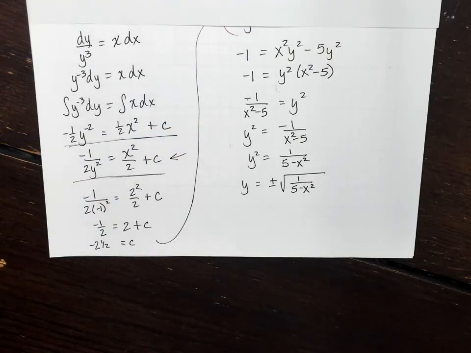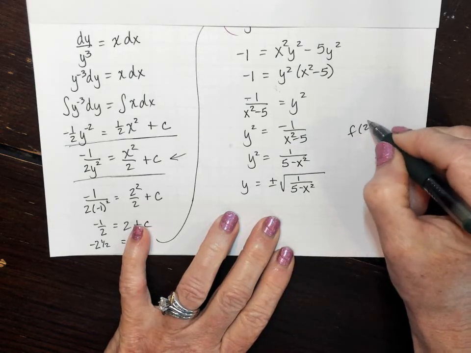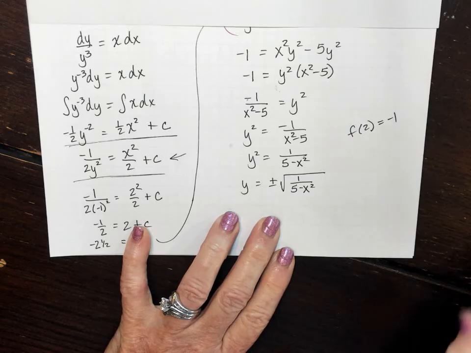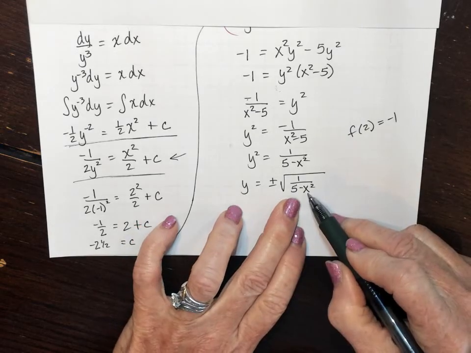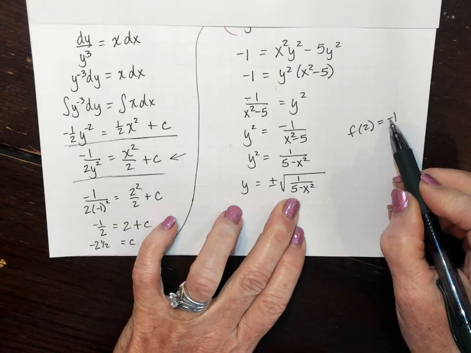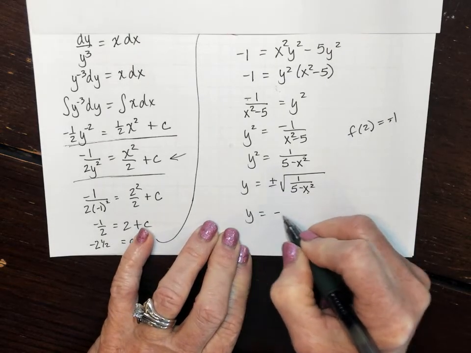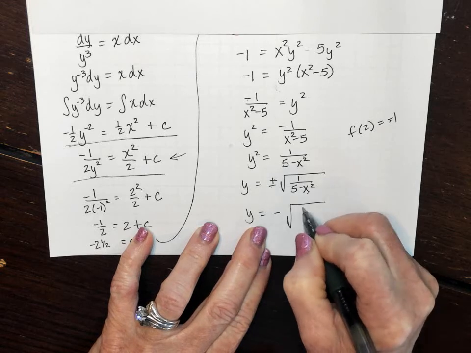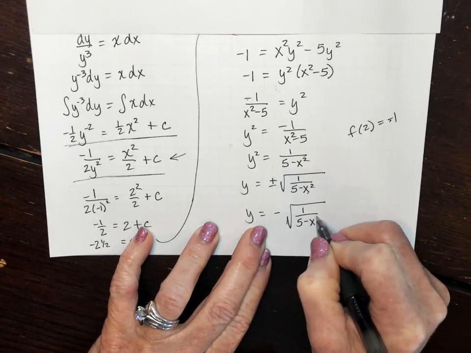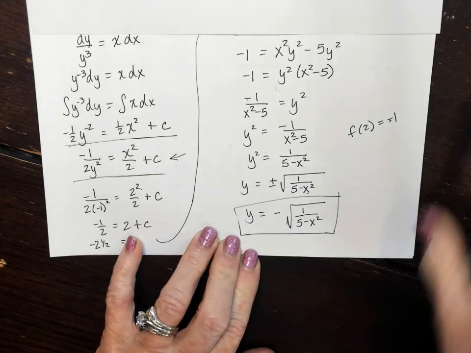Okay, and then there's one last little thing to do here, is that in our initial condition of f of 2 equals negative 1, when you substitute in a 2 for x, you're supposed to get a negative y value here, which means that it's not plus or minus, but that it is the negative square root of 1 over 5 minus x squared. That's your y equation there.